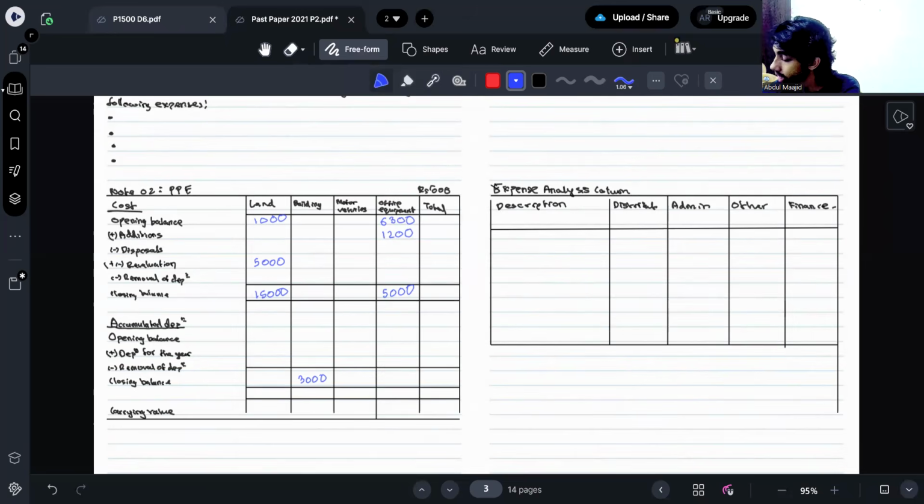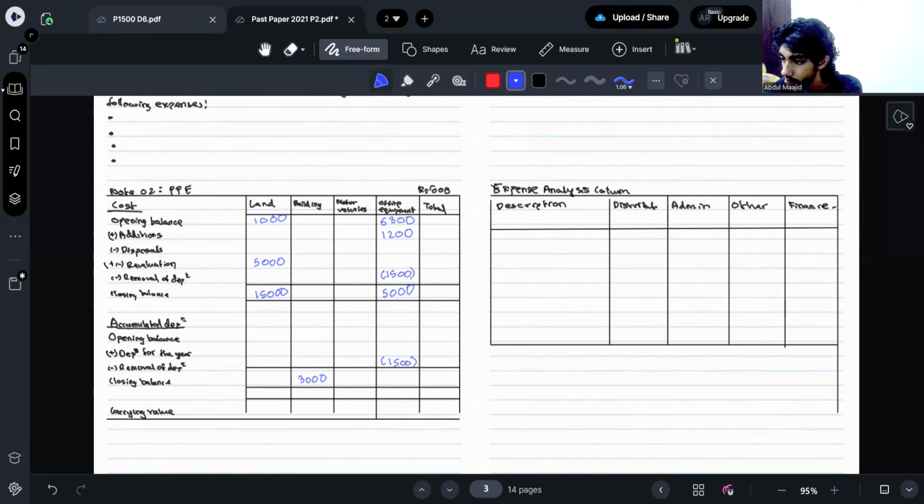So when you are revaluing, you have to remove depreciation, right? Accumulated depreciation debit, relevant asset account credit. So the closing depreciation of office equipment is 1005. You have to remove that here and you have to remove it from office equipment as well.